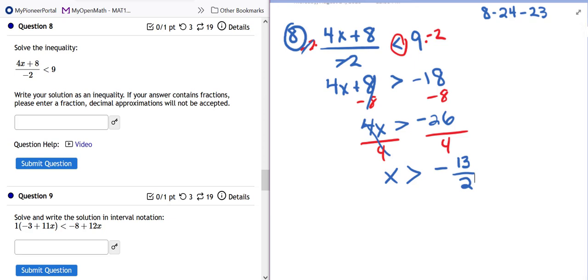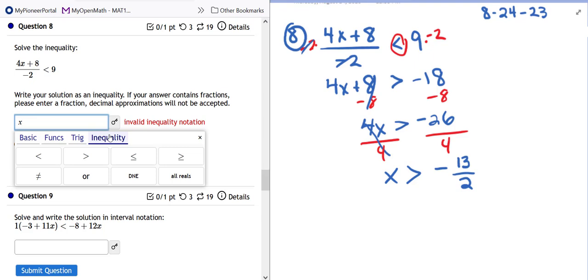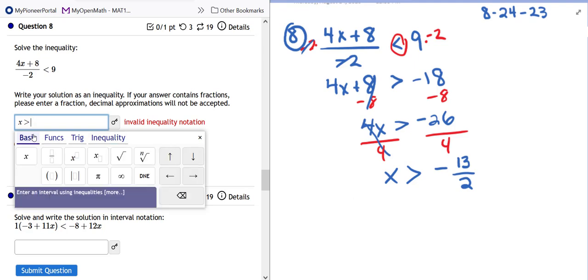And so we will go in here. And we'll have x, and we need the inequality symbols, or you could type that particular one from your keyboard, greater than, and then I'm just going to go back to basic, so I get my function button, a fraction button.